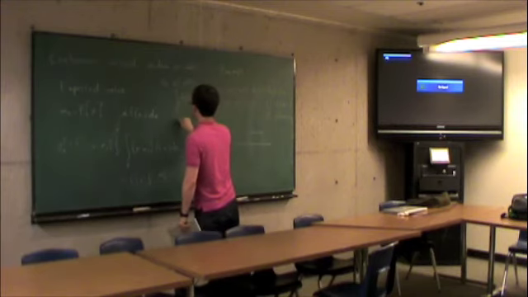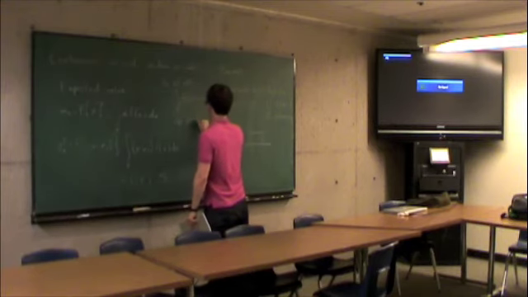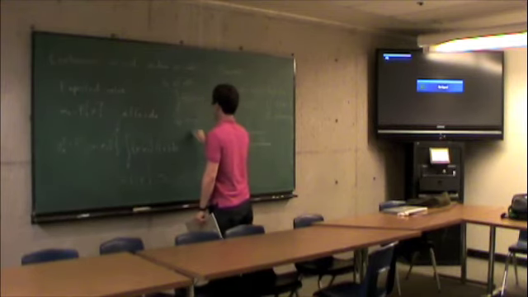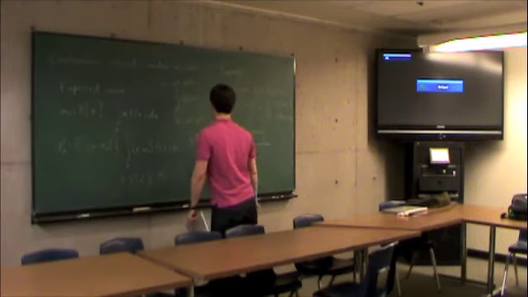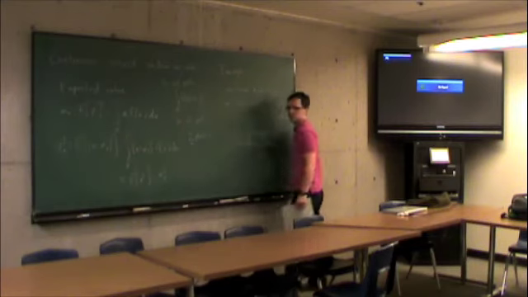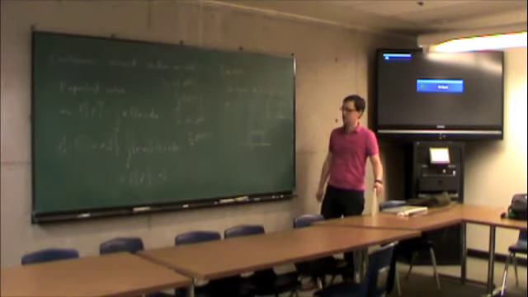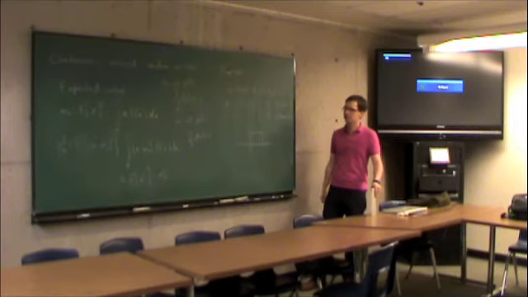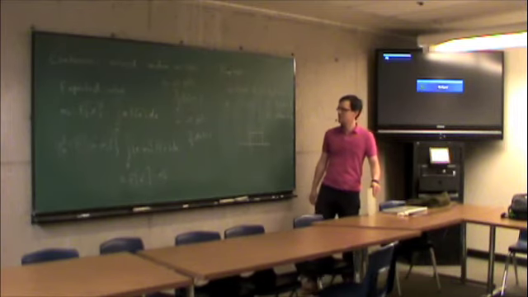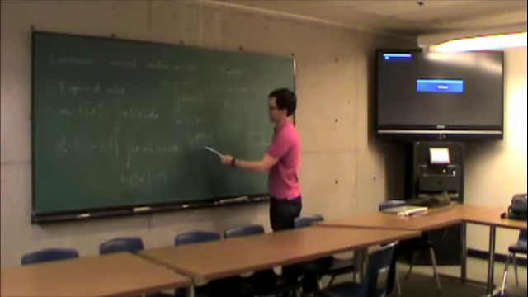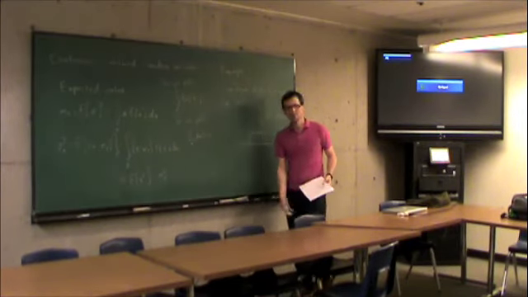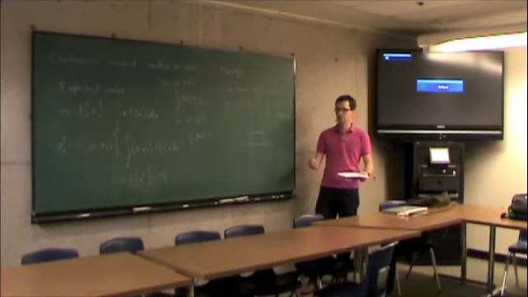For all probability mass functions, the sum over x of p of x is equal to 1. That's a fundamental property of probability. If something has probability 1, then that means it always happens. So the interpretation of this is that of all of the events together, something must happen. The probability of something happening is 1.